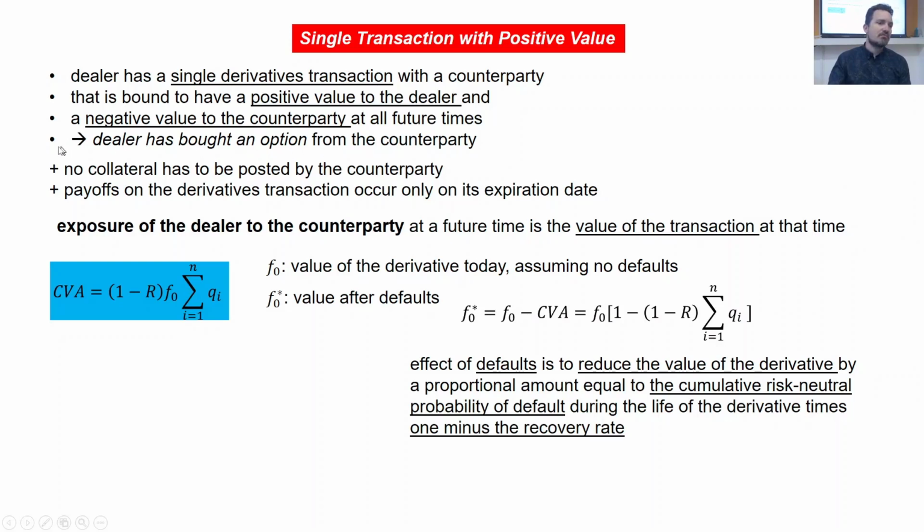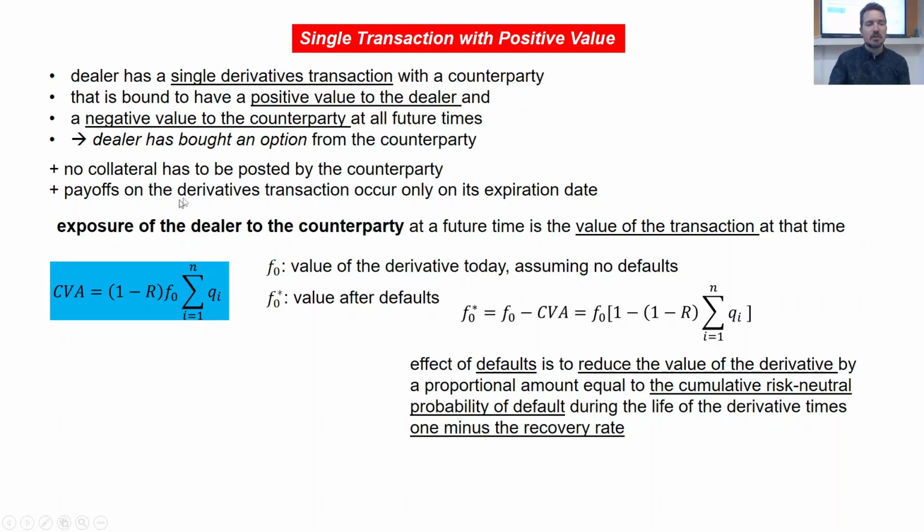So this is practically an example for that one, because we are in positive until they are not going down, so that's why they don't have to go down. And no collateral was requested, and the payoffs of the derivative transaction occur only at the expiration date. So this is a European option.